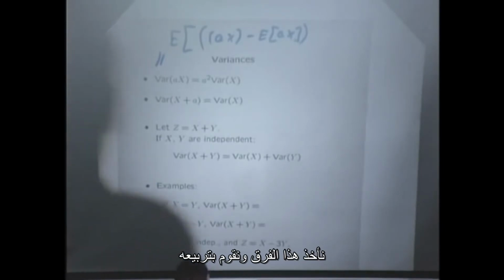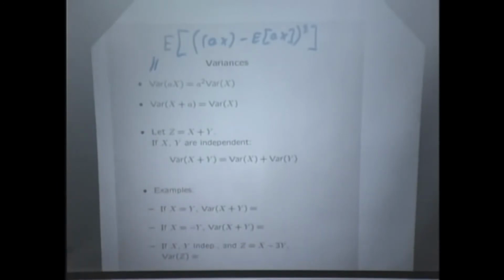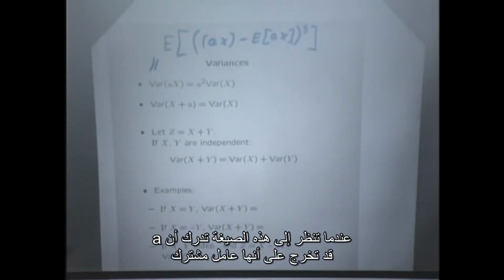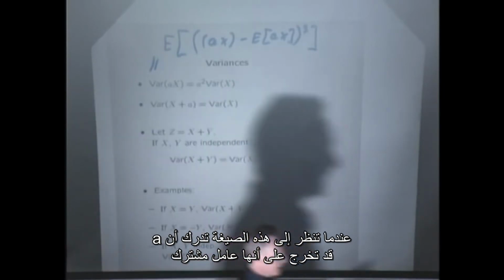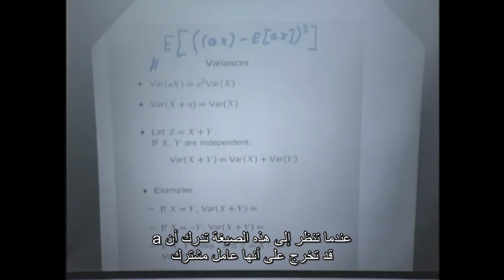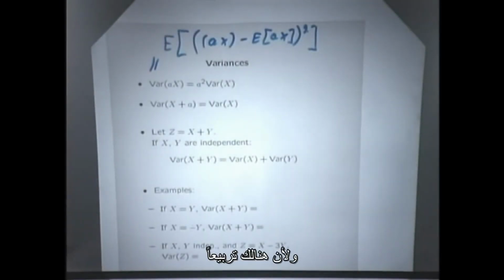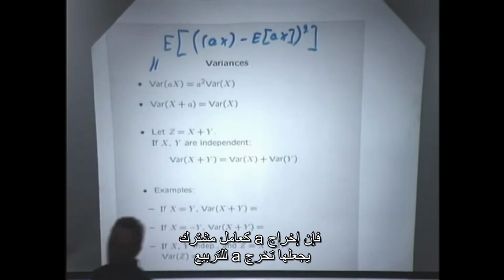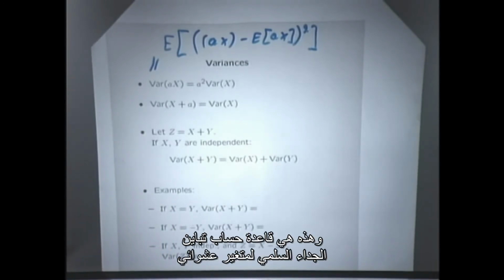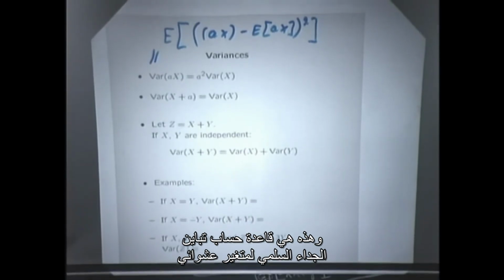And we take that difference and square it, so it's the squared distance from the mean, and then take expectations of the whole thing. So when you look at that expression, you realize that a can be pulled out of those expressions. And because there is a square, when you pull out the a, it's going to come out as an a squared. So that gives us the rule for finding the variance of a scalar product of a random variable.